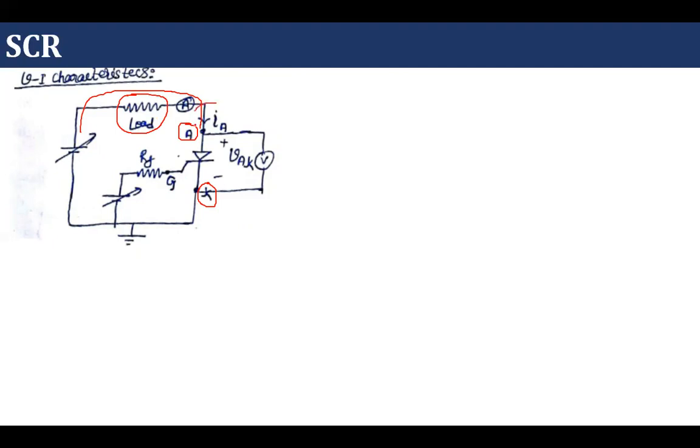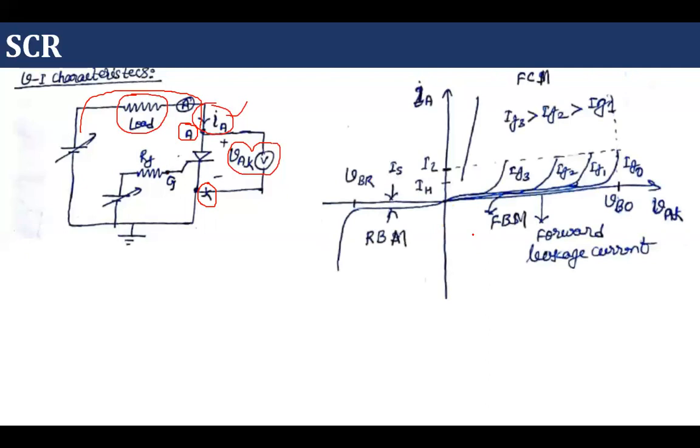We have to measure 2 things: current through the device and voltage across the device, VAK, the anode cathode voltage, and the anode current. To get a number of points, we need to make these voltages variable. At the gate also, since without a trigger this device is not going to turn on, we have to apply a voltage at the gate.